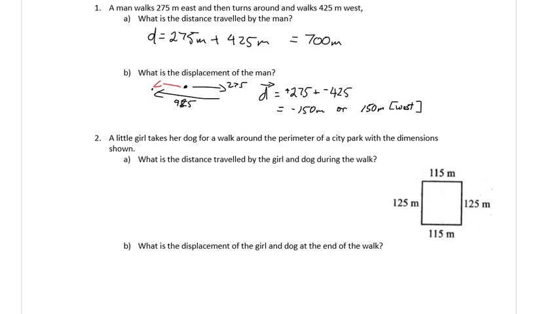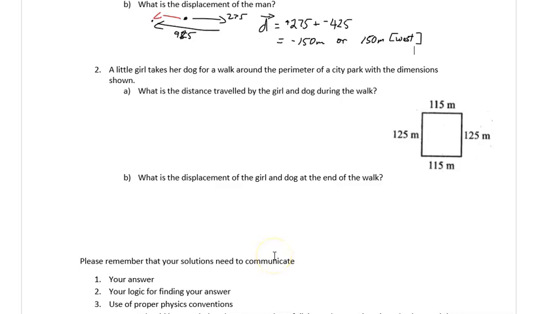Let's take a look at problem number 2. A girl takes a dog for a walk around the block. We want to know the distance. Notice that is a scalar quantity. We only want to know the distance traveled. Well, we don't know which corner she's at. Let's just assume it's here.